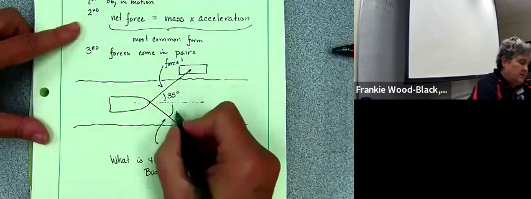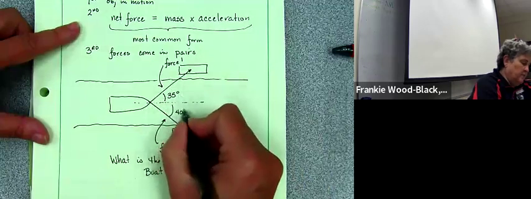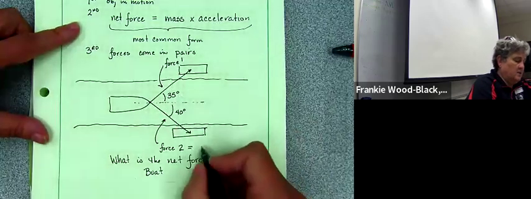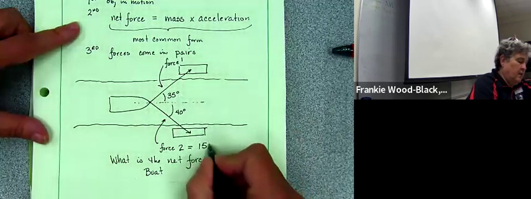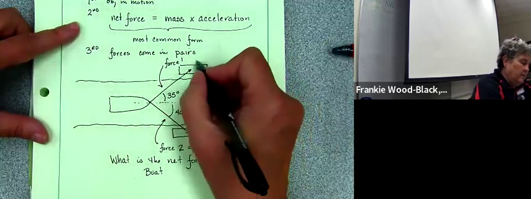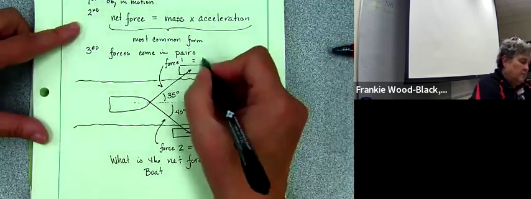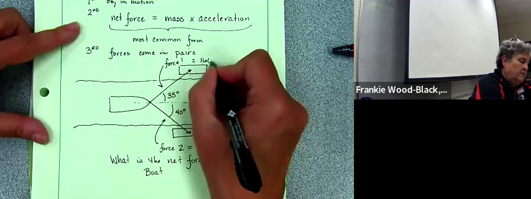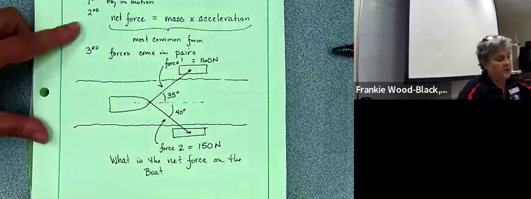We're going to say that this is 40 degrees. And we're going to give our force 2 as 150 newtons, and our force 1 as 160 newtons. And we want to know the net force.